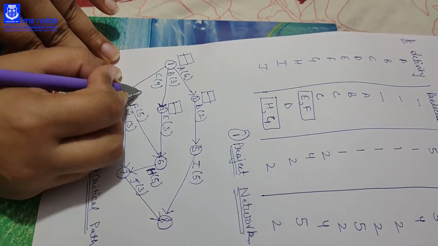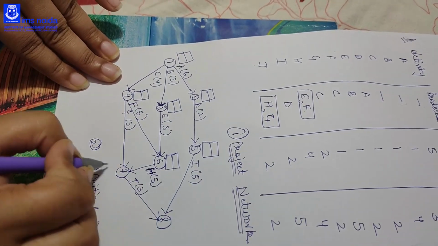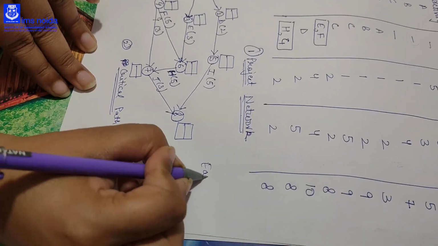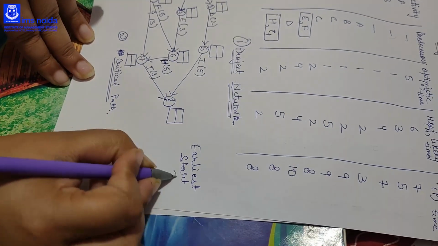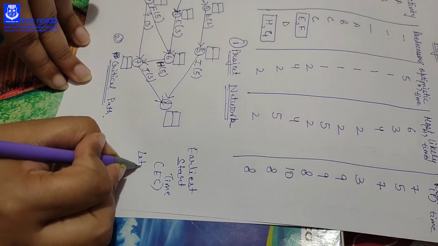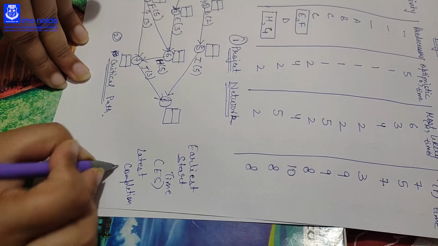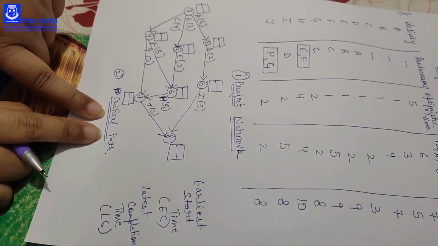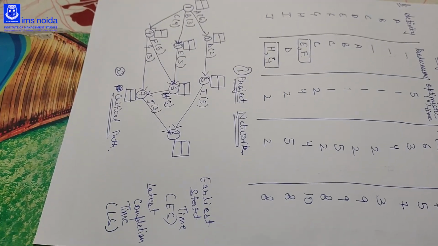Again we will find out the same thing: earliest start time, that is ES, and latest completion time, that is LS. Basically, the critical path is the maximum time you take to complete any project.